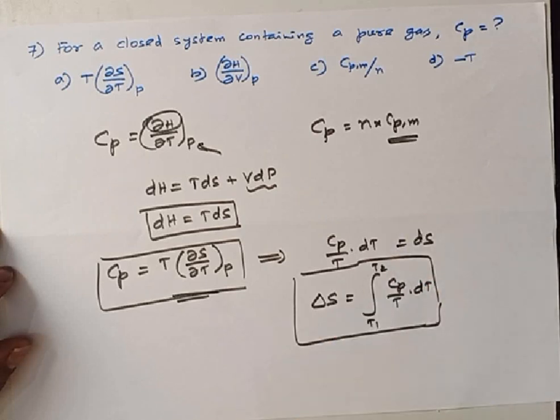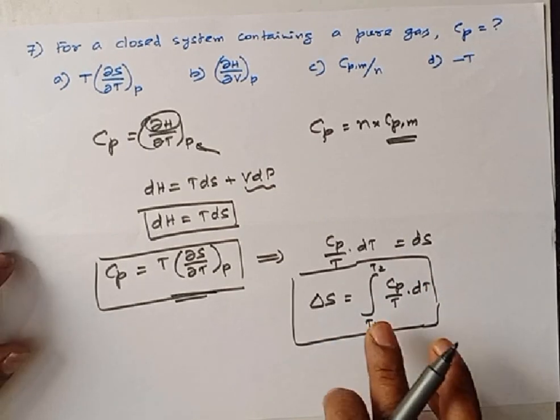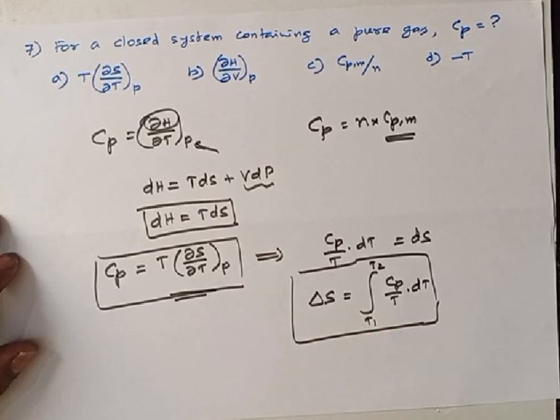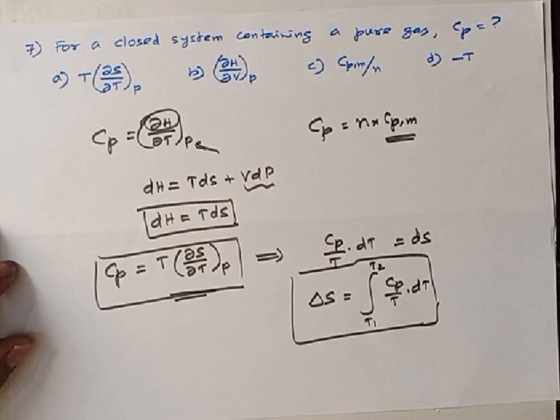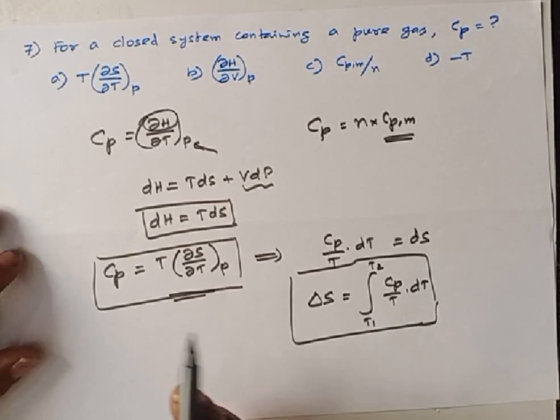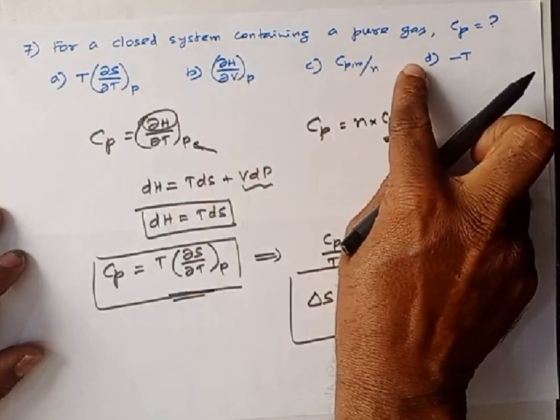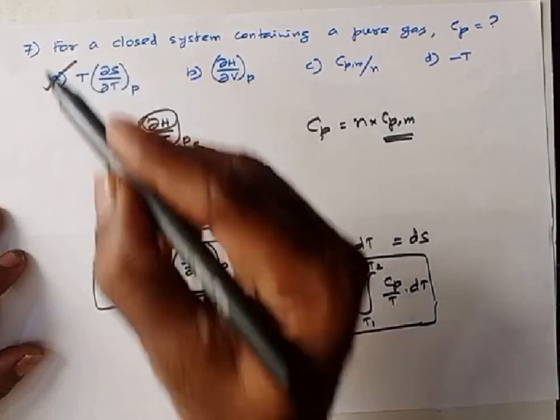It's a very useful formula to find the entropy change of the system. We get this formula from this particular expression. Anyway, for the question asked here, the correct answer is option A.